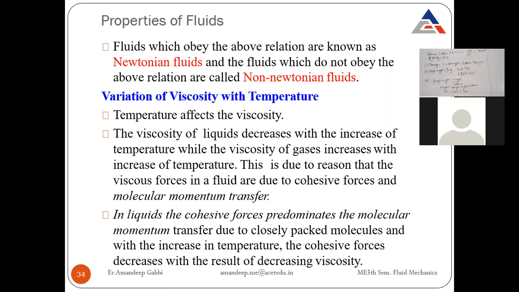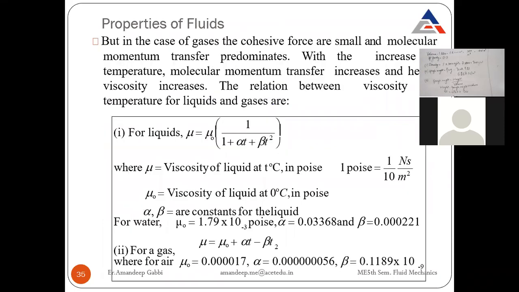And in case of gases, forces of cohesion are not that predominant. In case of gases, molecular momentum transfer predominates. When we heat some gas, the activity of the molecules, the molecules start vibrating. Because of that, with the increase in temperature, the randomness increases, and further the viscosity also increases.